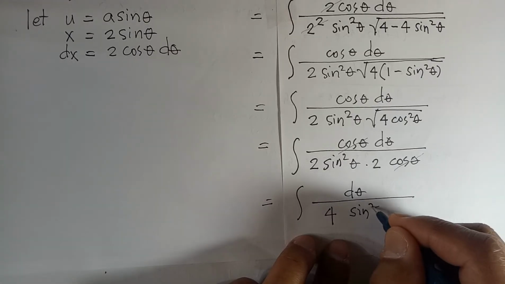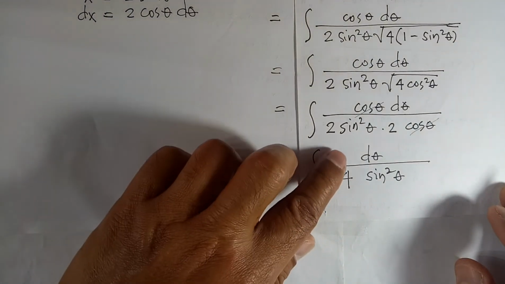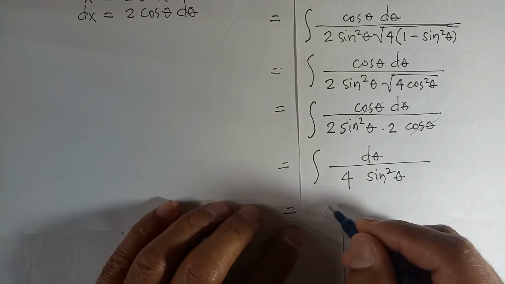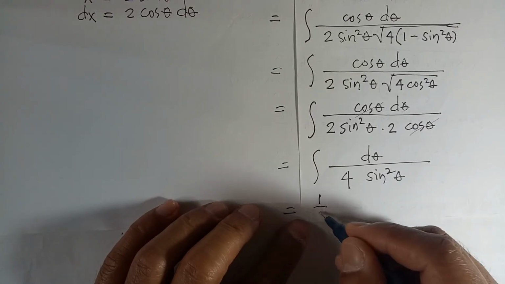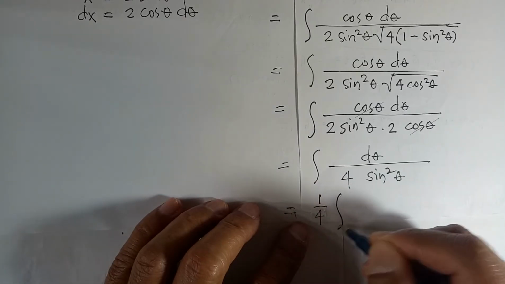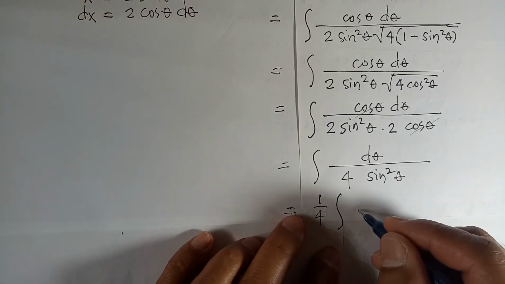Sine squared of theta. Okay. So, 1 over 4 yung ating constant. So, lalabas natin yung 1 over 4 na ating constant. Tapos, meron tayong integral sign. And then, 1 divided by sine squared ay cosecant squared.